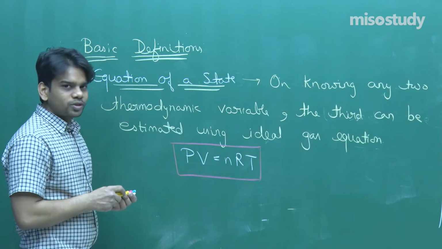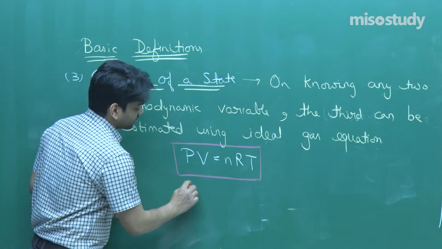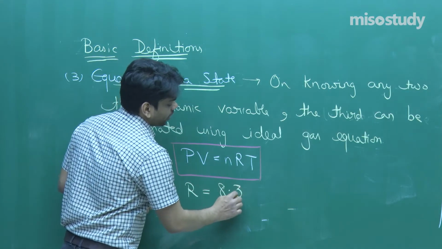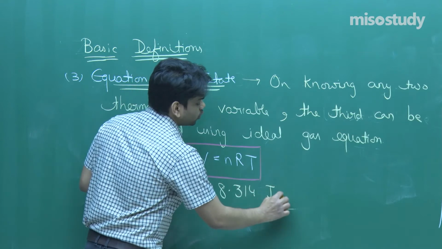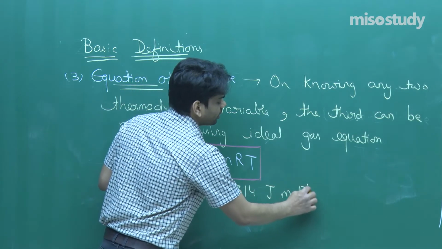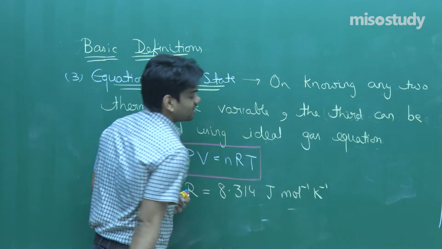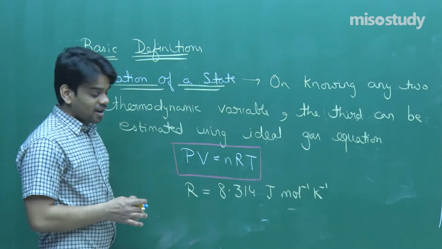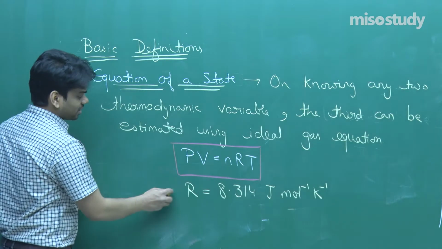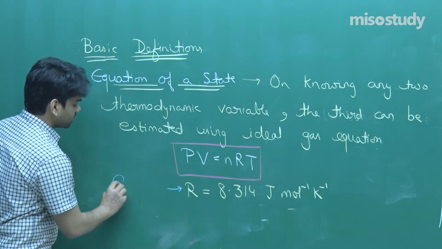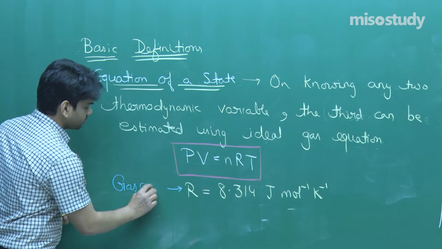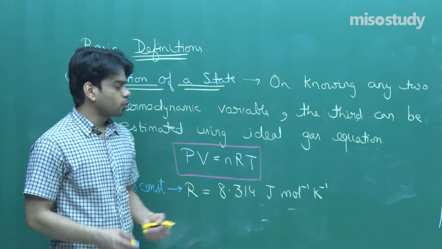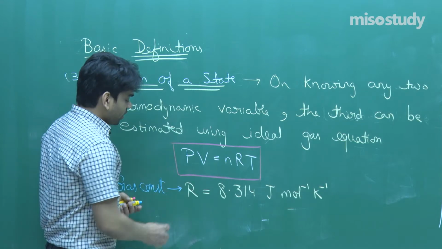Now let me also tell you about this gas constant, R. In SI units, it is 8.314 joule per mole per Kelvin. R is simply the gas constant.